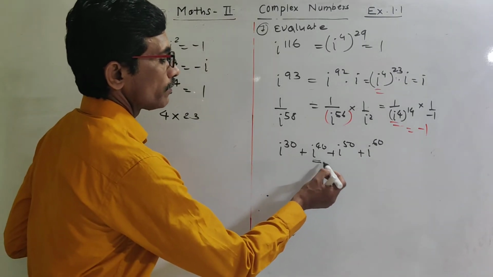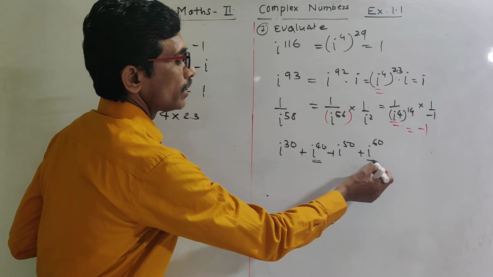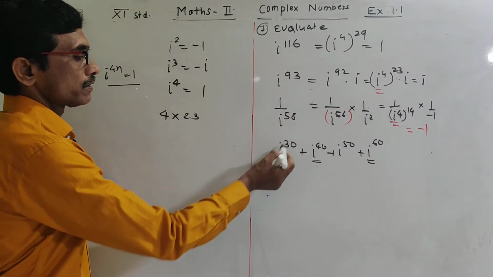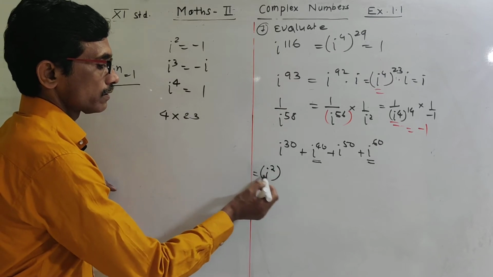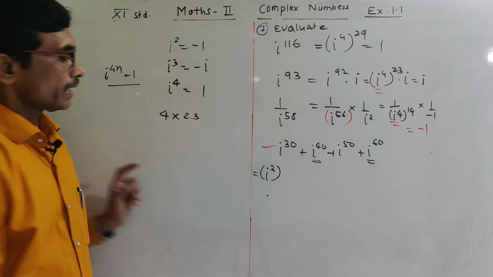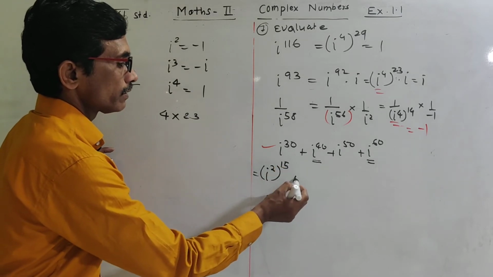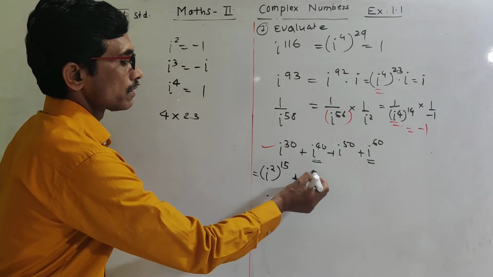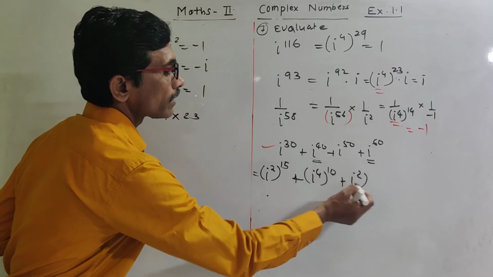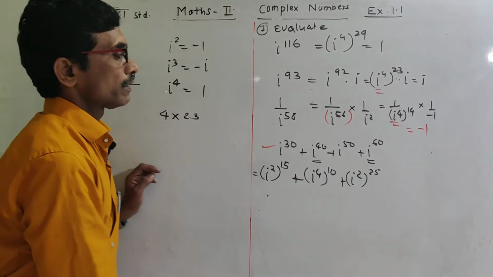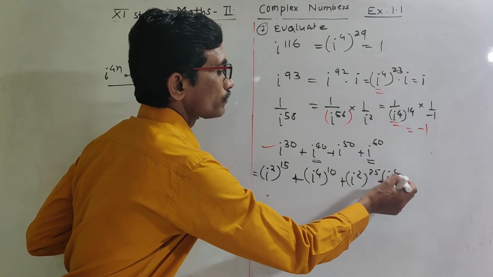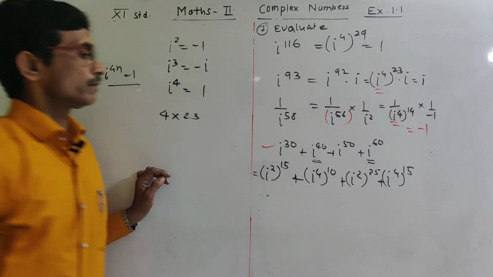Now we evaluate this. Here 40 is a multiple of 4, and 60 is also a multiple of 4. So we write i raised to power 30 as i squared and whole raised to power 15, plus i raised to power 4 raised to power 10, then i squared raised to power 25, plus i raised to power 4 raised to power 15.